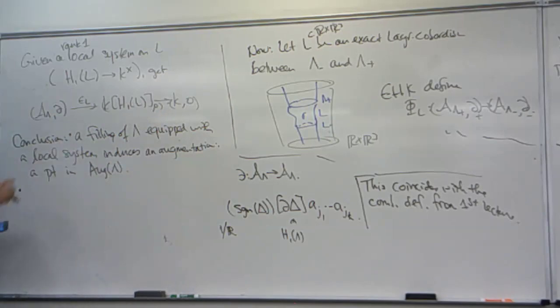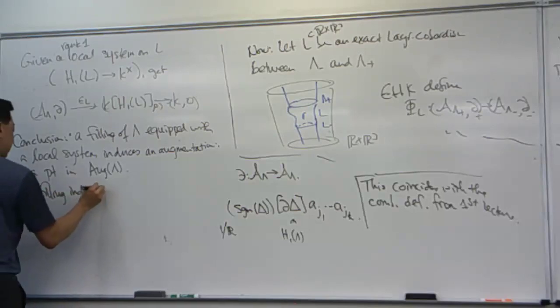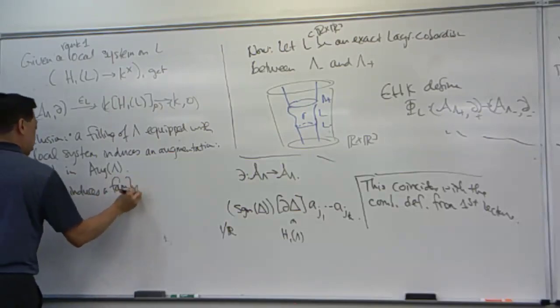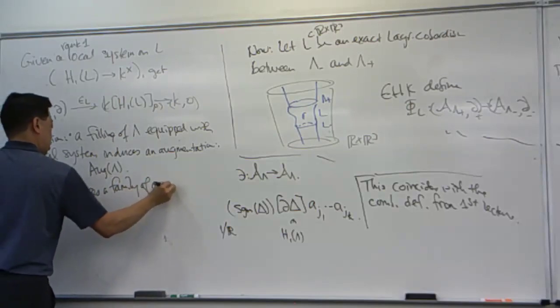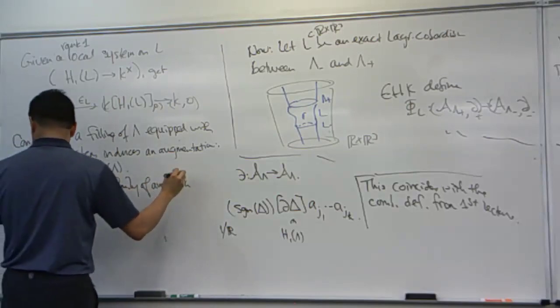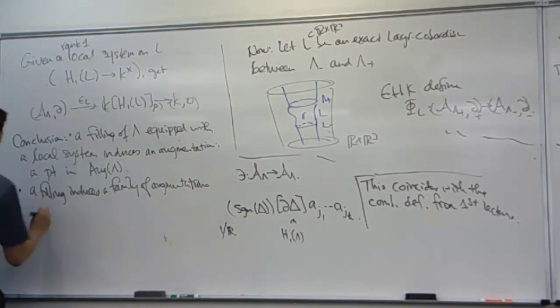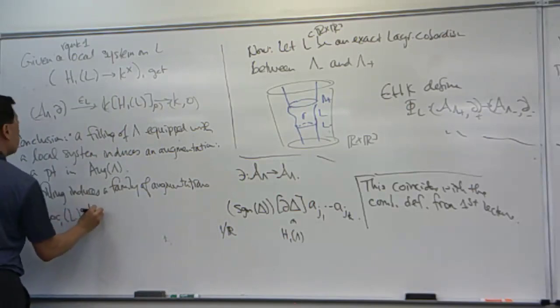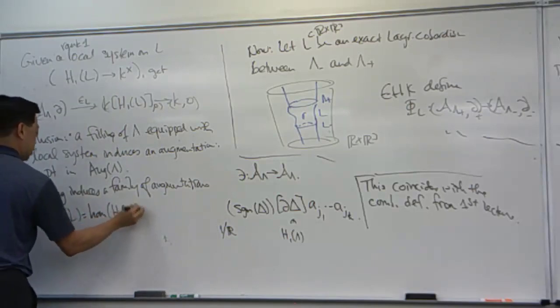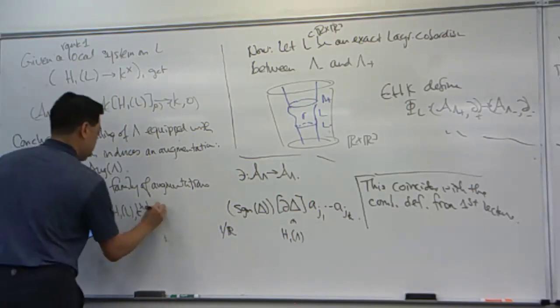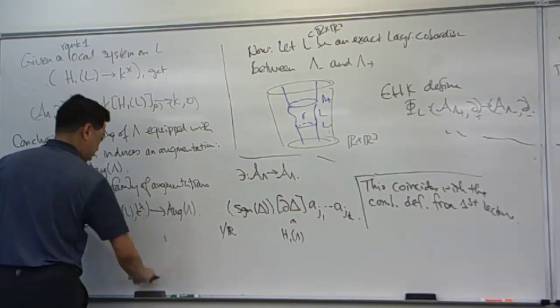Or if you don't want to choose a local system, then what you end up with is that it induces a family of augmentations. Right? So a filling induces a family of augmentations, from rank 1 local systems of L into the augmentation variety.